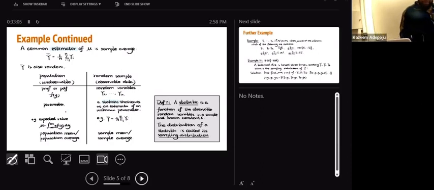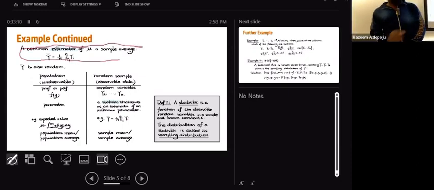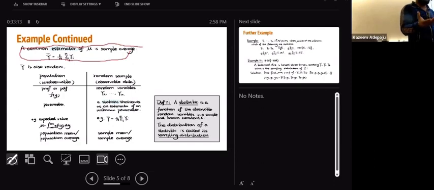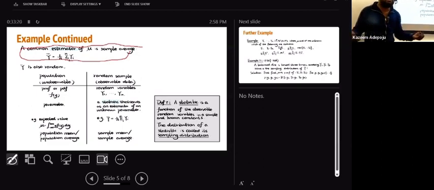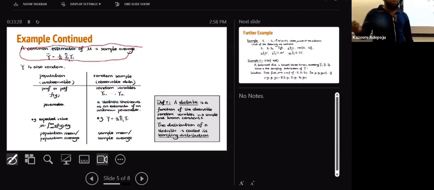Now, take a look at this. A common estimator of mu is the sample average. But there are other estimators, like the median and mode, because there are three measures of central tendency, which we also call three measures of location: mean, median, mode.